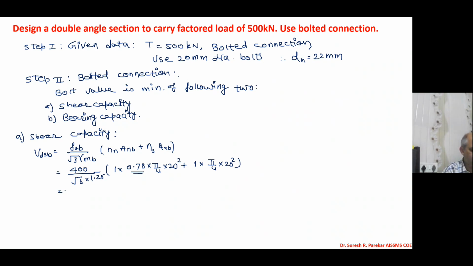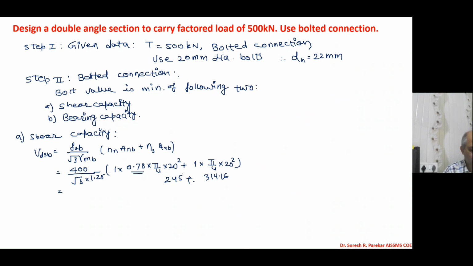Now we will calculate it. Pi by 4 into 20 square comes 314.16, and then we multiply this by 0.78.